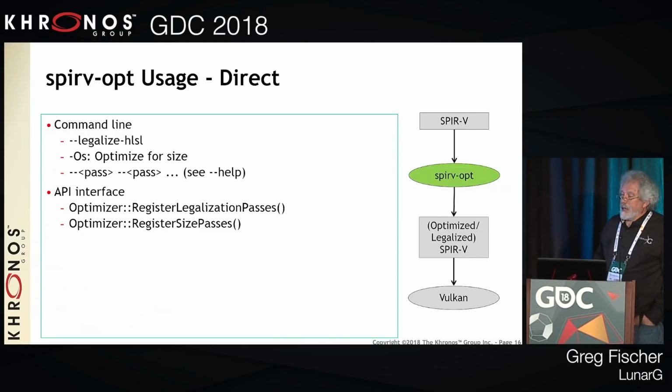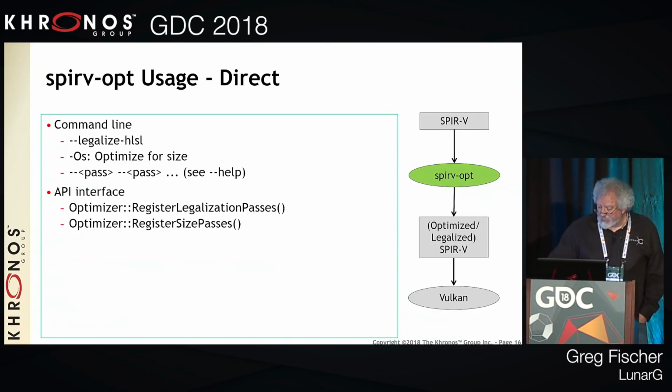We also have the ability to call individual passes and to specify the order, and you can call them in any order that you wish. Those are all documented. SPIRV-Opt also has an API interface, with methods for calling a predetermined set of legalization and size reduction passes.